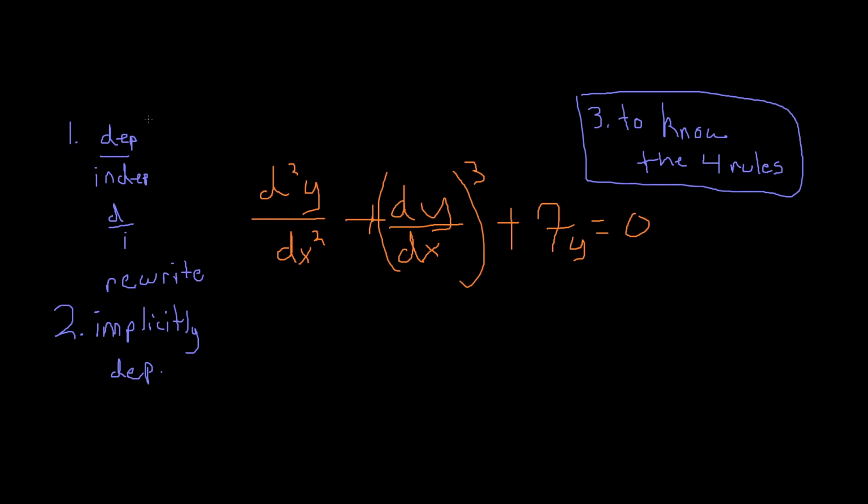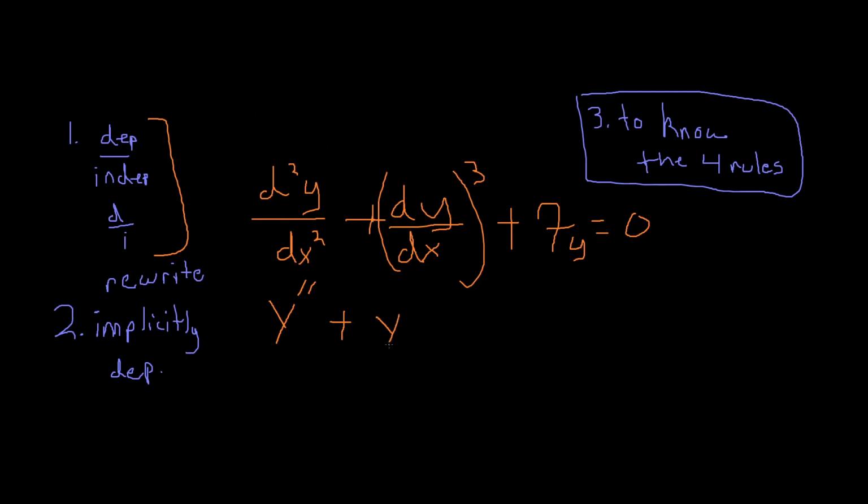I hope you guys understand how to do this. Which ones are dependent, which ones are independent. Our dependent will be y, and our independent will be x. And so now we rewrite it implicitly. If you are pretty good at this, you wouldn't need to. These steps are just for if you really have a hard time doing this.